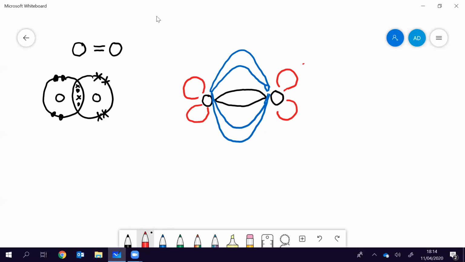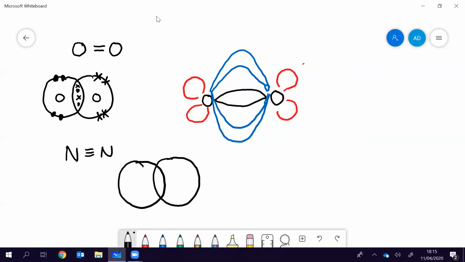The nitrogen molecule, the nitrogen is a triple bond. Well, let's draw a dot cross diagram. So we'd have a triple bond here, dot cross, dot cross, dot cross. Nitrogen has got 5 electrons.